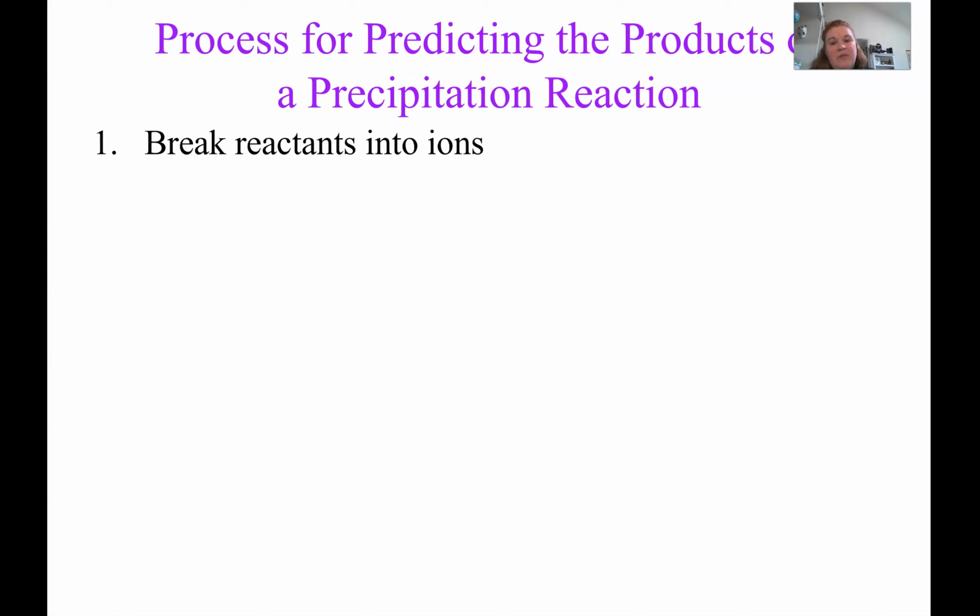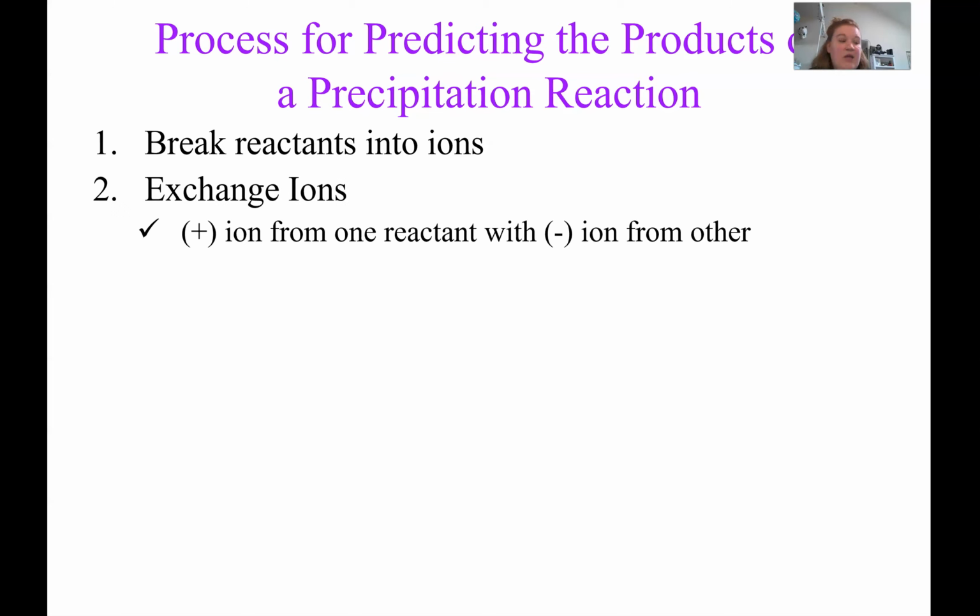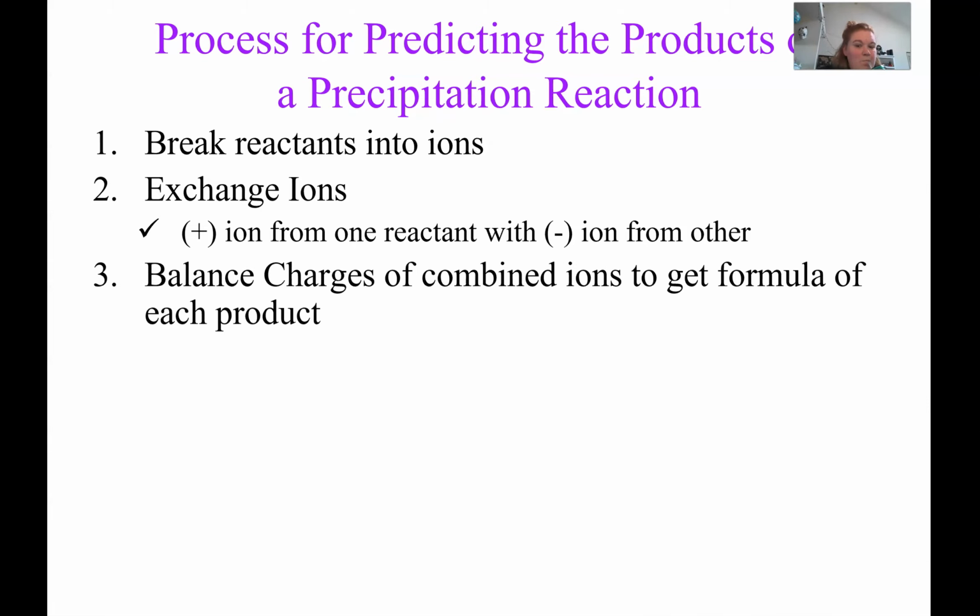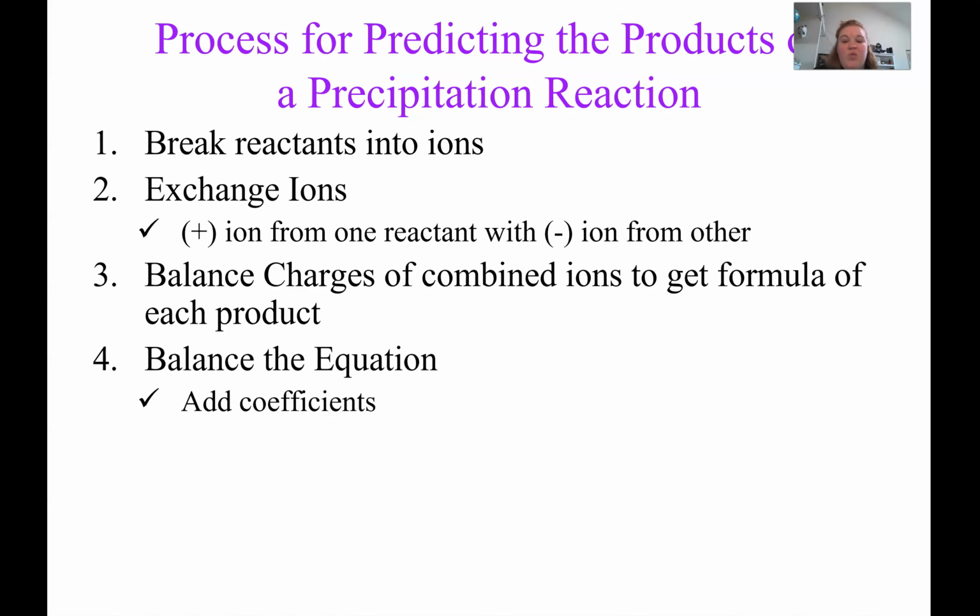The first step is that we break our reactants into ions. And then we're going to exchange ions, so we take the cation from one and the anion from the other. We make sure that the charges are balanced within our new compounds to get our new formula, so we're figuring out what those subscripts are. We balance the equation as a whole, and for this, we're just adding coefficients.